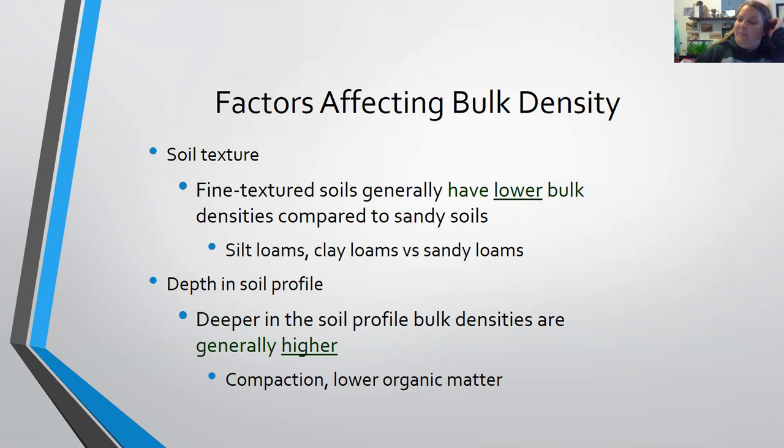And then for the depth in the soil profile, the deeper down you go, bulk densities are generally higher. That just deals with the fact that typically down lower in the profile, it's compacted and you have lower organic matter.